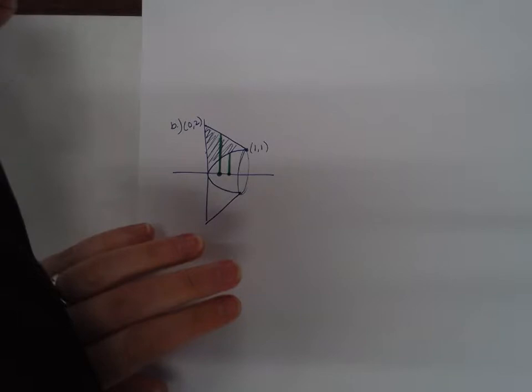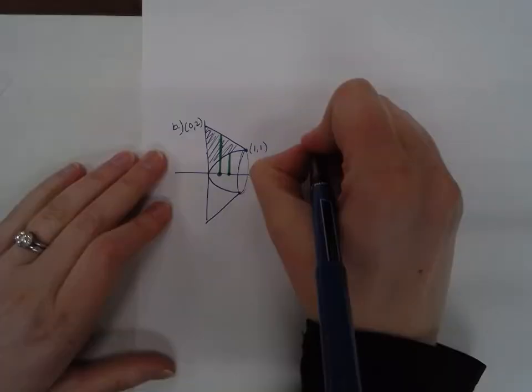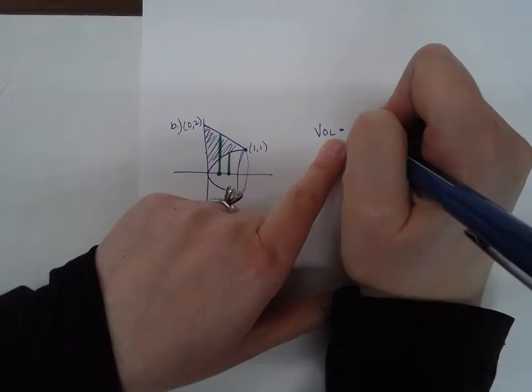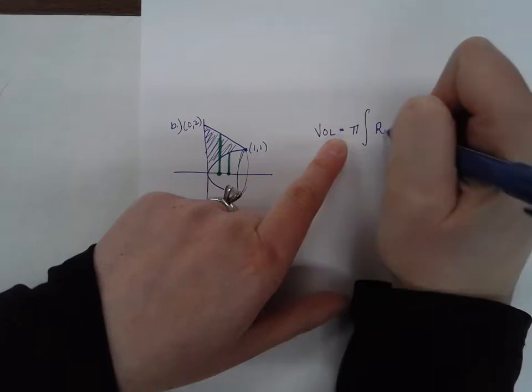And again, if you recall, volume equals the integral of area. Well, in this case, it's pi r squared because I'm revolving, so it's always circles. So the pi I'm going to put on the outside, the integral, I need to do the big radius minus the little radius, and of course they're squared.